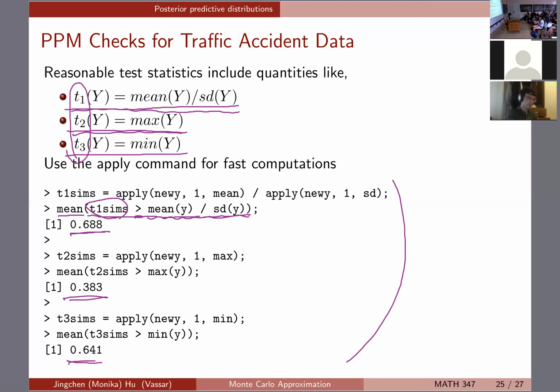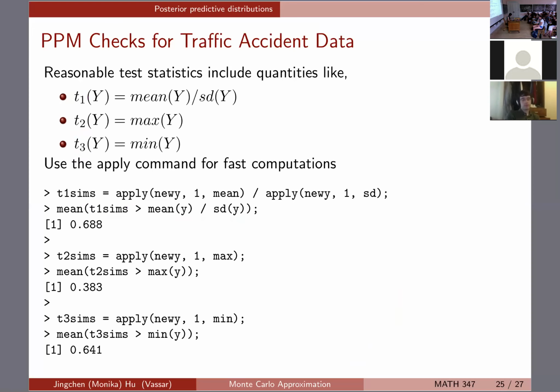But if you see something like 0.01, or I think anything under 0.1, may be an indicator that it's not doing a good job, because your true mean is so far away from all of the newly generated data sets. Okay, I think these are all of the procedures.